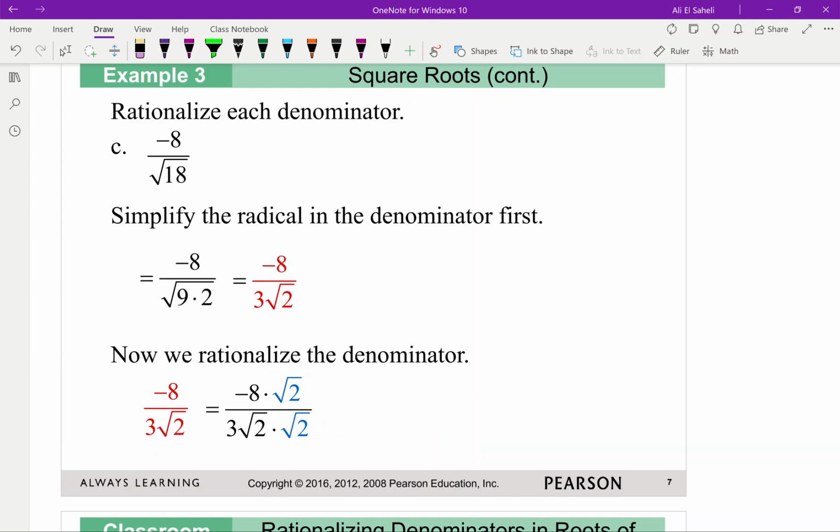And here we have minus 8 radical 2 divided by 3 times radical 2 times radical 2, which is 2. So cancel, 8 divided by 2 is 4. So we have 4 radical 2 over 3.